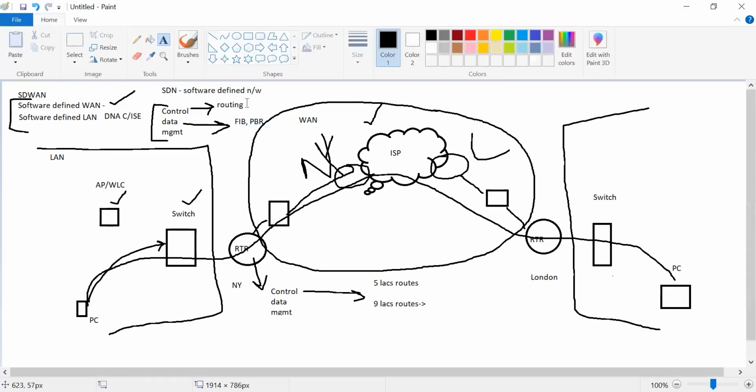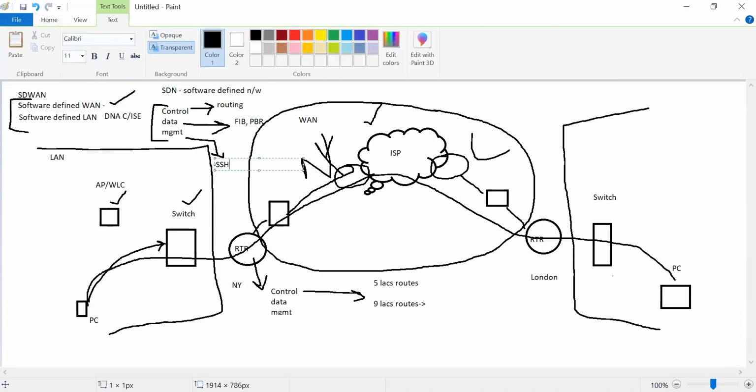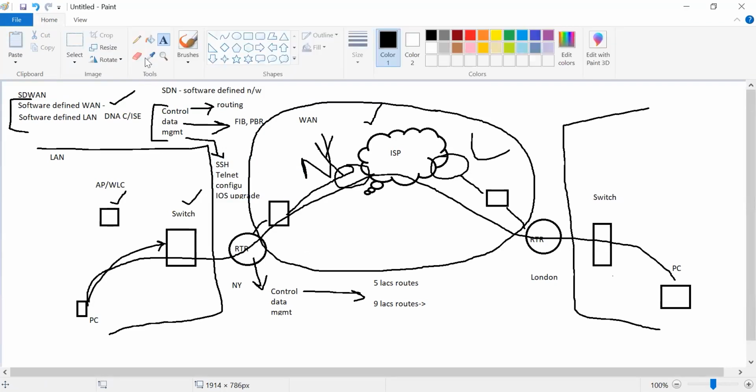So routing is about receiving routes and advertising routes. Data plane is forwarding the packets by looking at the routing table or the routes. Okay. And then management plane is SSH to the device or telnet, let's say, right? Remotely configuring the device, IOS upgrades remotely, etc. So it's about managing the device. Okay. So in traditional networking, a router combines all these planes.